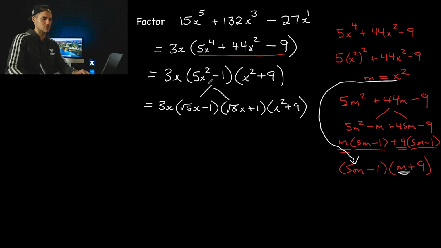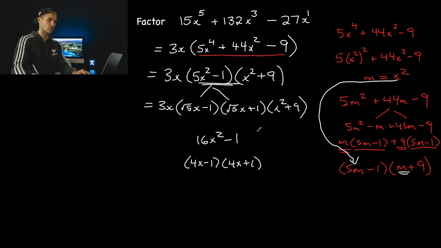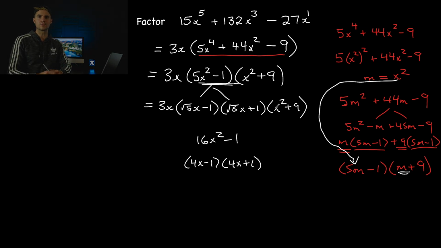But usually a difference of squares is when everything is rootable. So if I had 16x squared minus 1, then definitely that could factor further into 4x minus 1, 4x plus 1, right? But something like this, I guess it depends on your prof if they want you to go further or not. But either way, that is how you do this one.